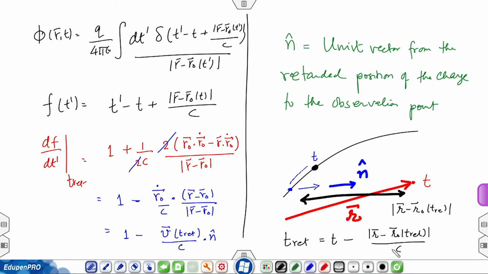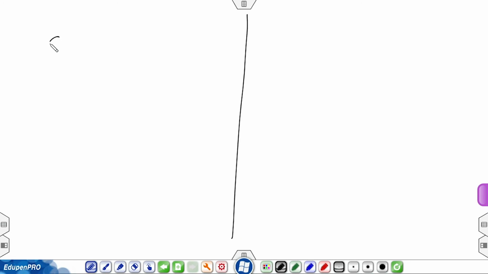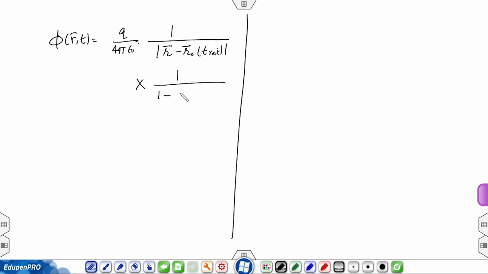So, once I have gotten this factor, then it is very easy to write the potential, and it is going to be phi r t equals q over 4 pi epsilon 0, 1 over mod r minus r naught at t retarded, times this factor 1 over 1 minus v at t retarded over c dot n, where n is the vector r minus r naught t retarded divided by r minus r naught distance.